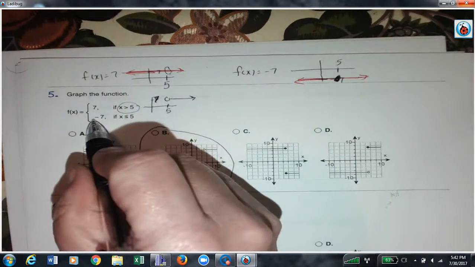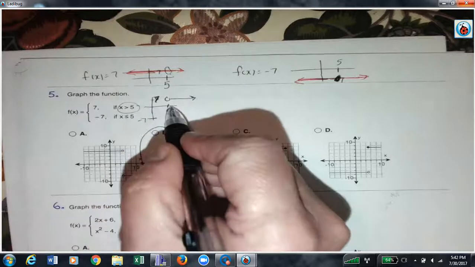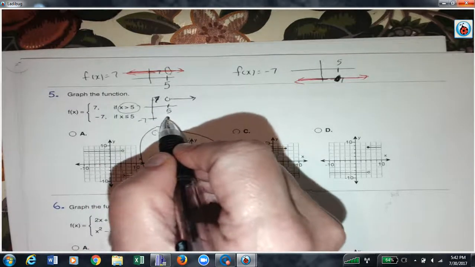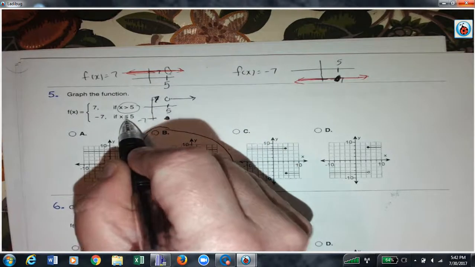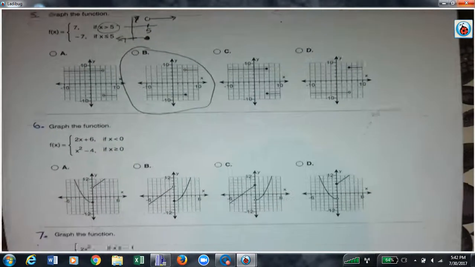And then I want it to be -7 if x is less than or equal to 5. So I want that point because it's less than or equal. And so that's what I'm going to get from those.